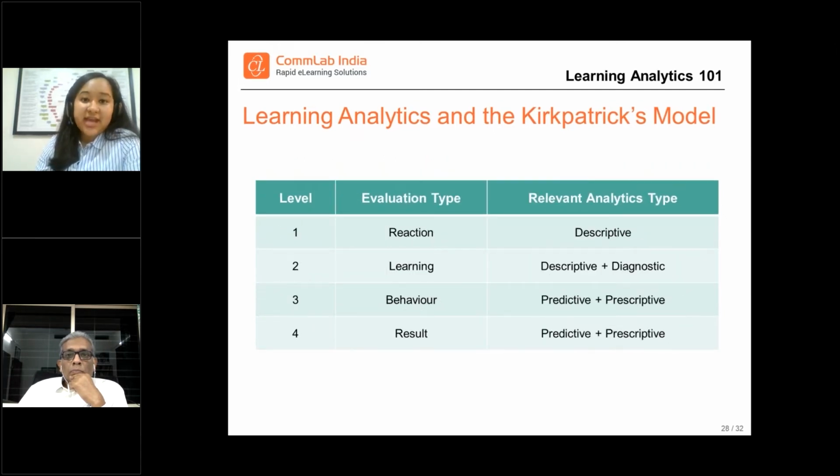When we see the reaction level, this was what the learners felt about the learning experience. Here you have descriptive analytics to do the job for you. Why? Because the reaction level is usually captured through surveys, or you can even have feedback questionnaires within your course.